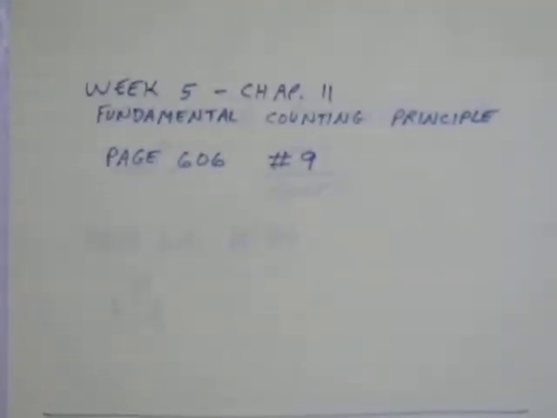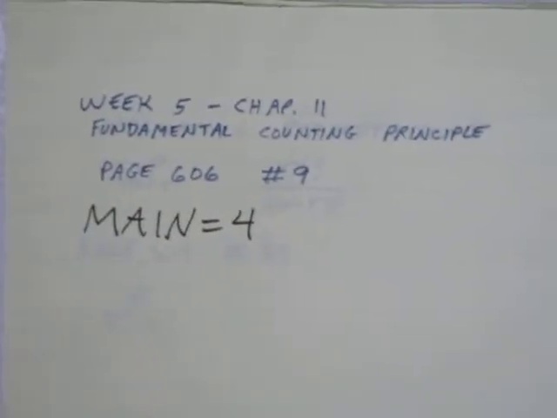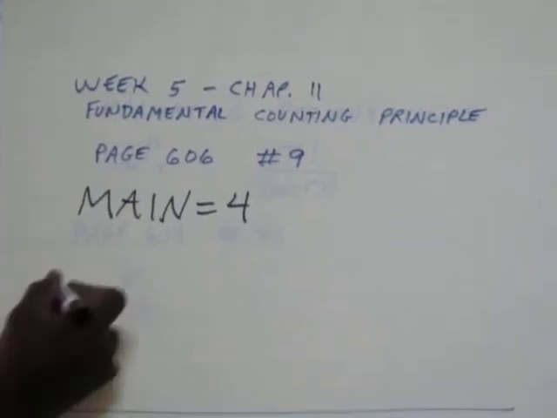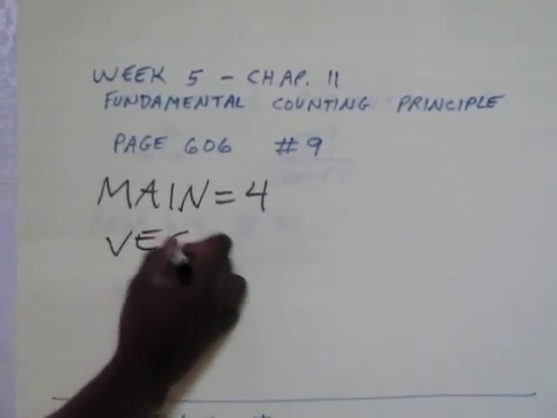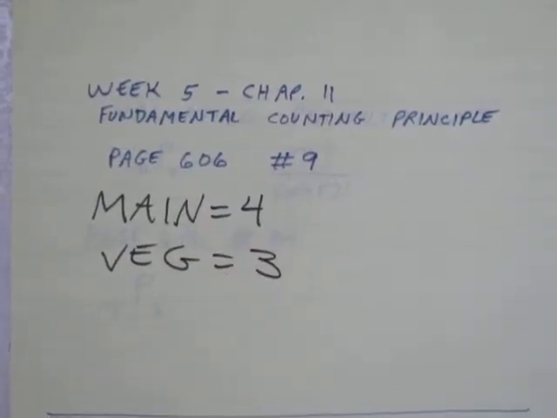Now what you should note is how many of each. Let's list that. For the main course, there are 4 items. For the vegetable, there are 3 to select from.